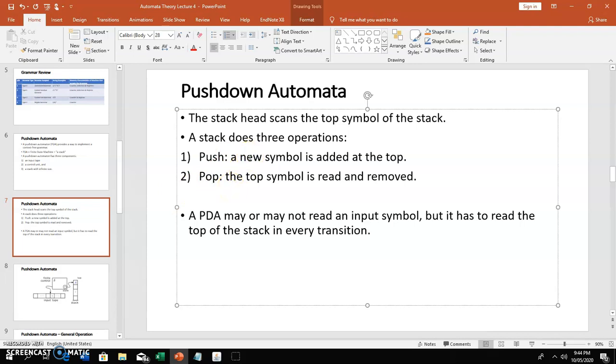You know that if you push, you stack over the stack, and when you pop, you take out the topmost element from the stack. So a PDA may or may not read an input symbol, but it has to read the top element of the stack in every transition. No matter what, it must read the top element of the stack.